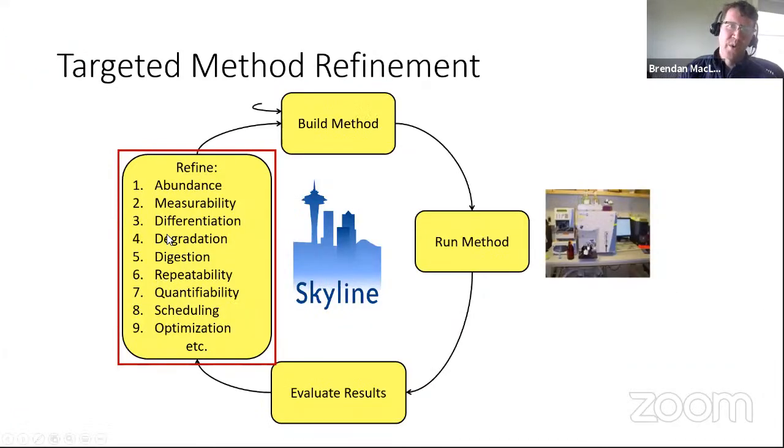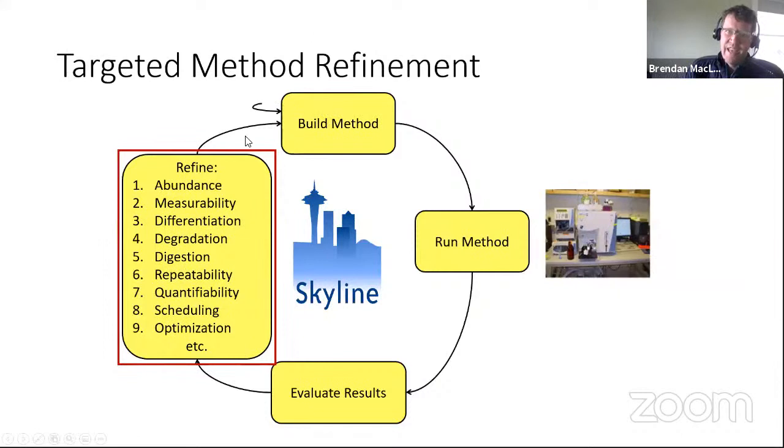All right, so we're going to do a refinement experiment. We created our template, that's building our method. The method was run on the mass spectrometer on some DIA samples. It was run in a certain way that allows us to evaluate the results for repeatability.